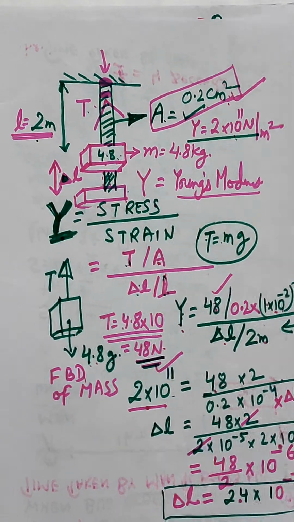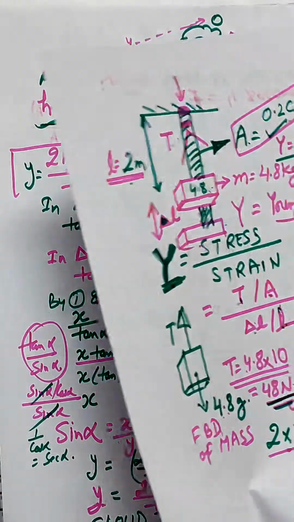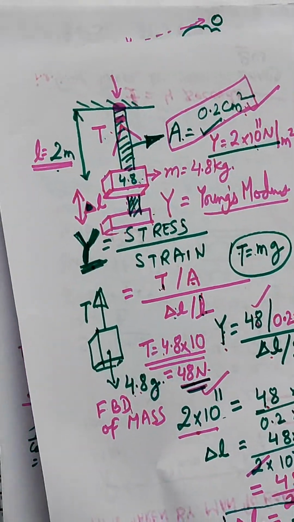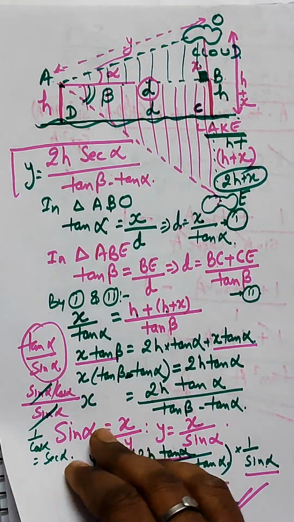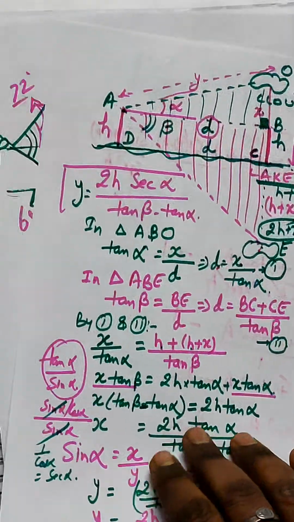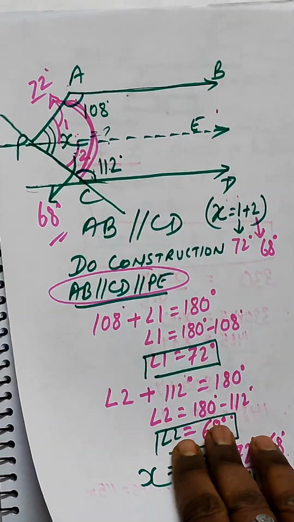I've explained this question of height and distance. One was from the Young's modulus concept, stress by strain. That we have covered as per our sheet. Height and distance, cloud distance, explained it. Lines and angles, I have explained it today.